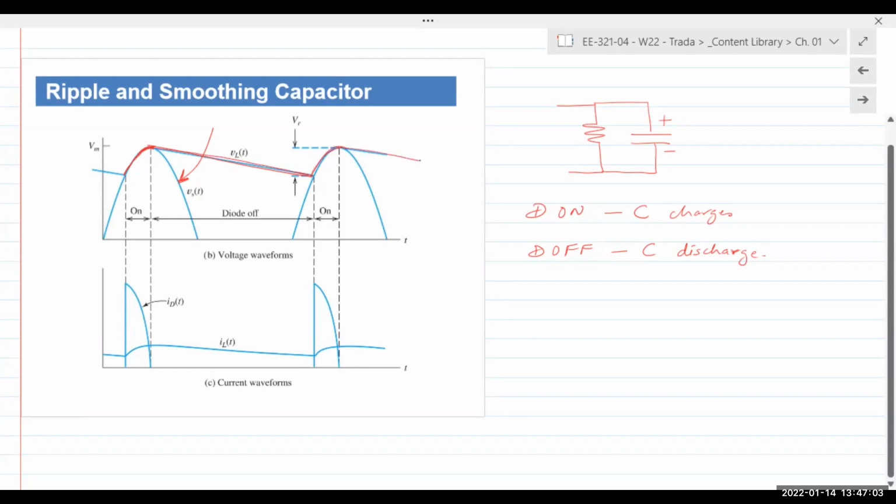And it starts discharging again. So the waveform in red, if I was to draw it just like this on here, I would get something like this. Charge, discharge, and charge, discharge, and so on and so forth.